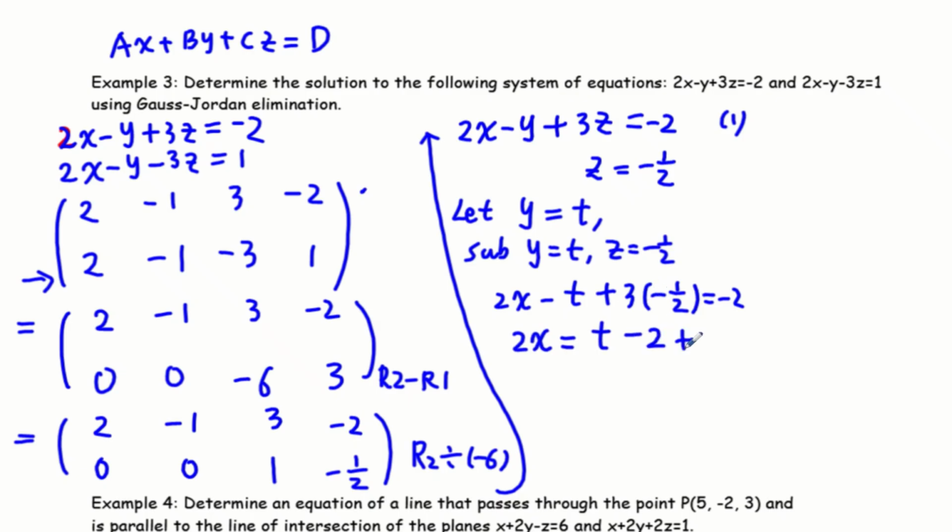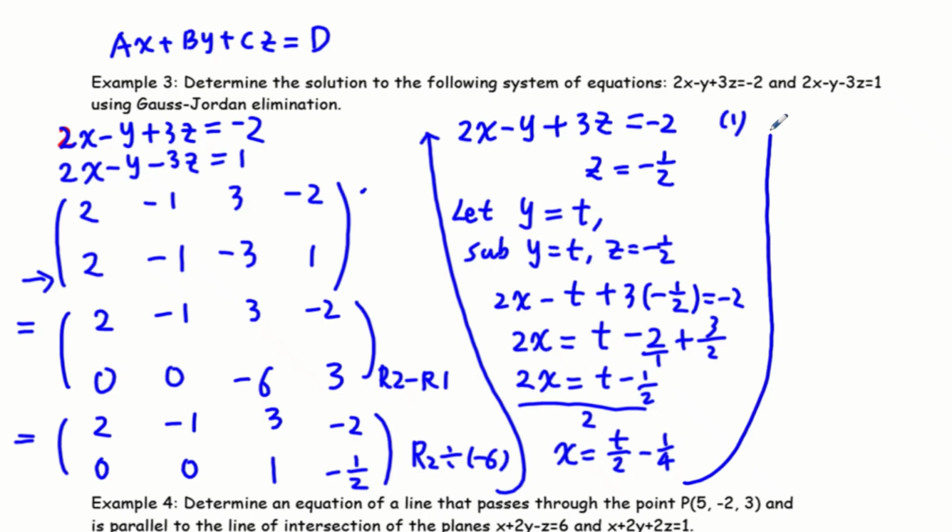This one is plus 3 over 2. Then simplify. 2x equals t minus, change it to same denominator times 2. So we'll have minus 4 plus 1 is minus 1 over 2. Then bring the 2 to other side. We have x equals t over 2 minus 1 over 2 divided by 2 is quarter.